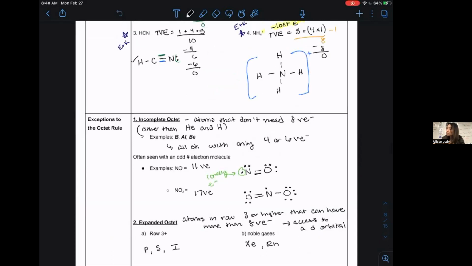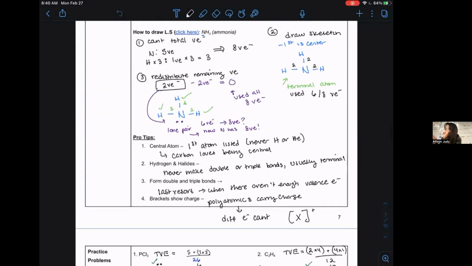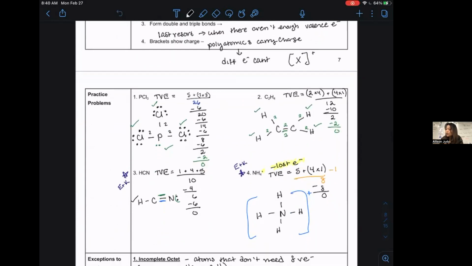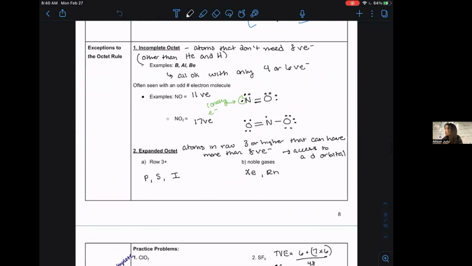And I introduced the exact process of how you should go through drawing a Lewis structure, to make sure everybody has their duet or octet and that you've used up all the possible valence electrons. And of course, I also went through a couple of exceptions, where there are some molecules that don't have even numbers.